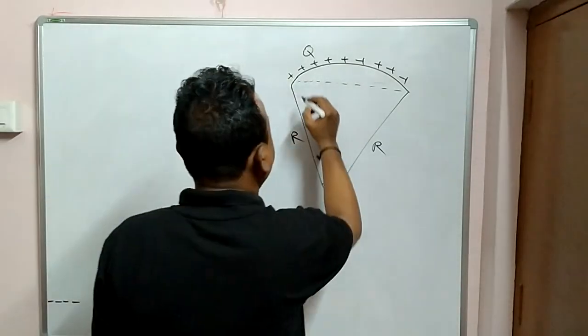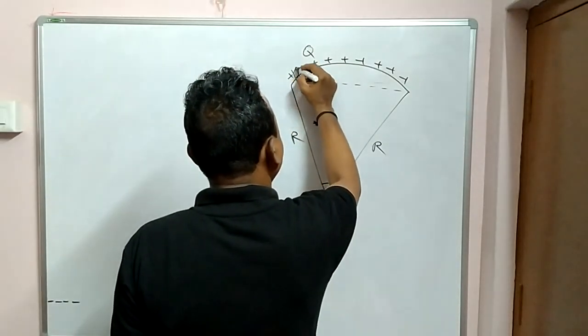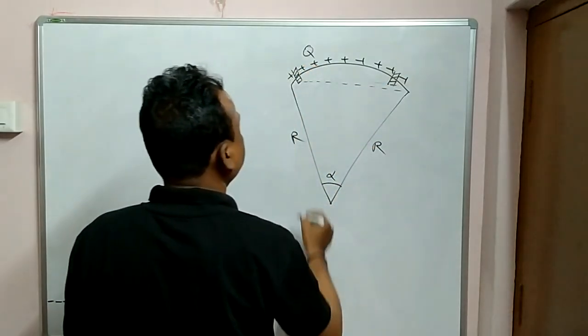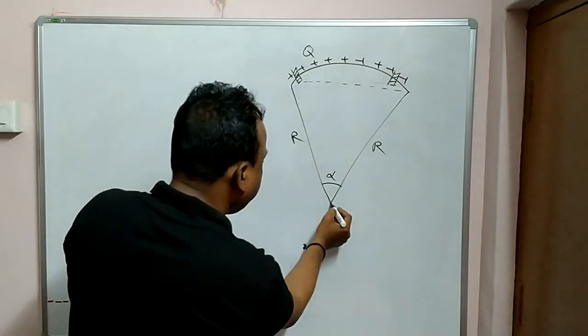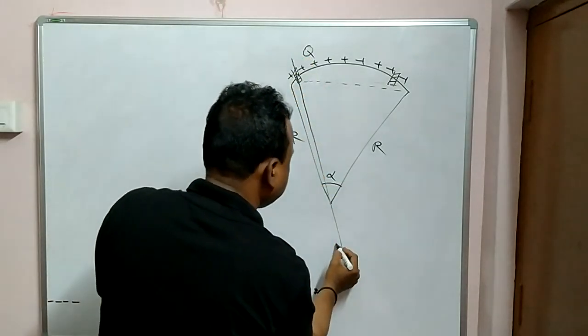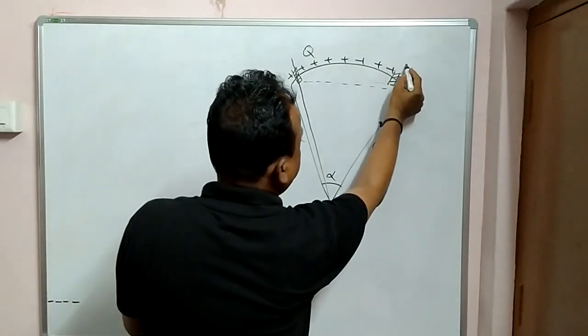Now observe carefully. I told you in gravitation also, if you take a small elemental dq, the field is in this direction.